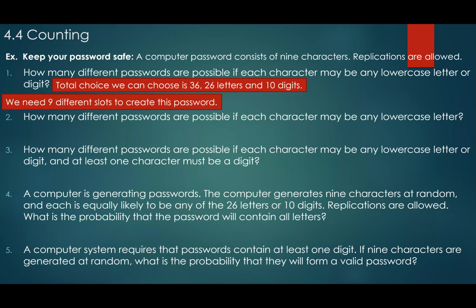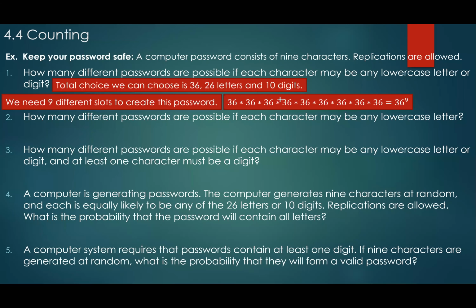And if you look at this item here, like I mentioned, we have 9 slots, right? The first slot, you can choose from A to Z and also from 0 to 9. The second slot, the third slot, the 4th, the 5th, the 6th, the 7th, all the way up to 9.